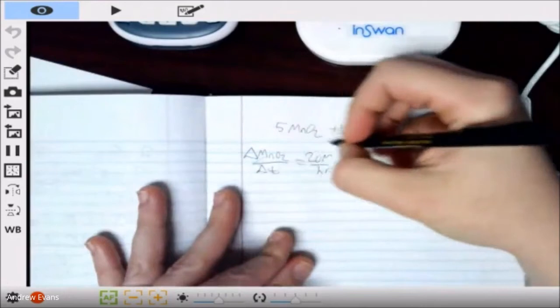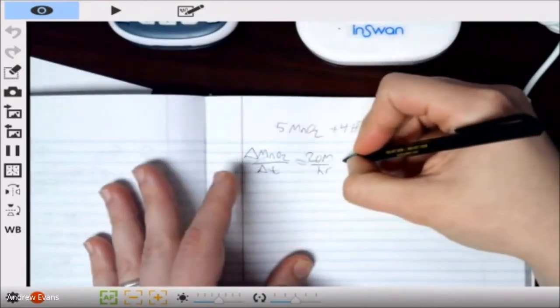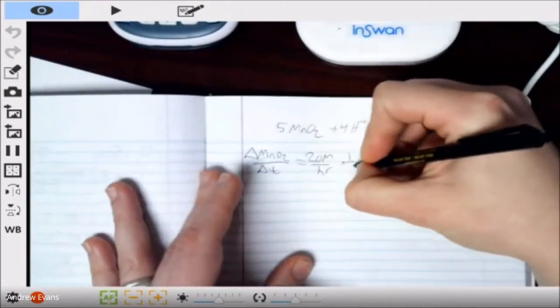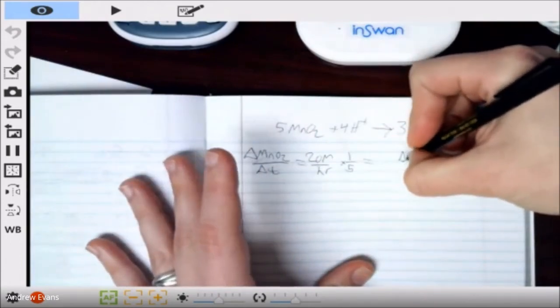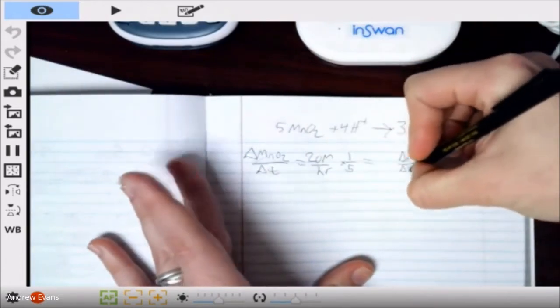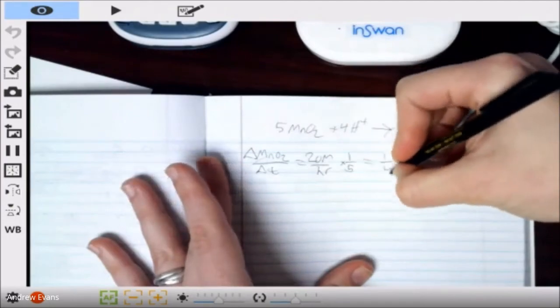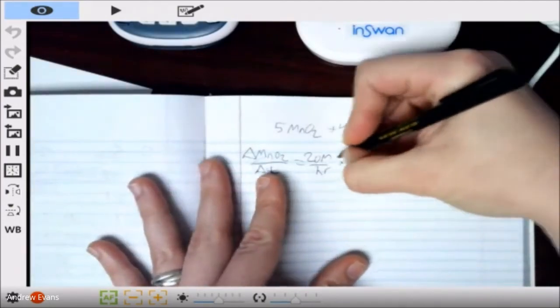So we can say that the rate of MnO2 times 1/5 equals the rate of hydrogen over 1/4. That'd be negative 1/5. That'd be negative 1/4.